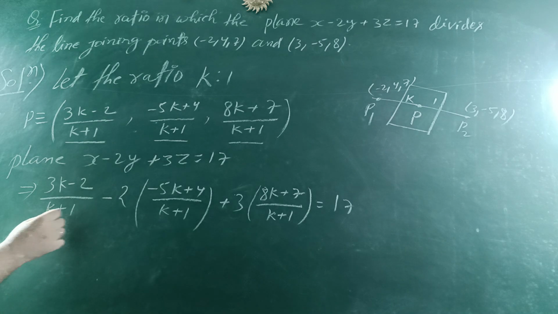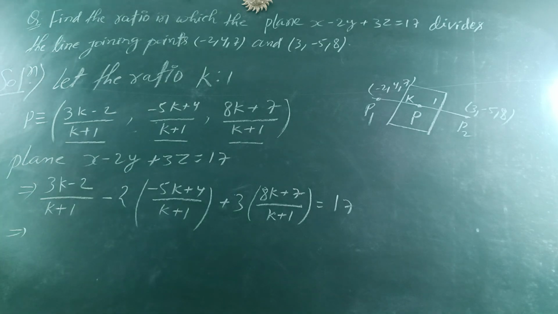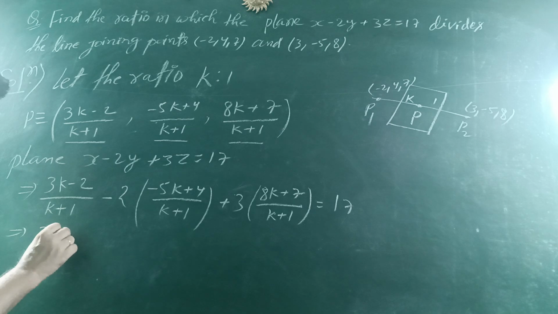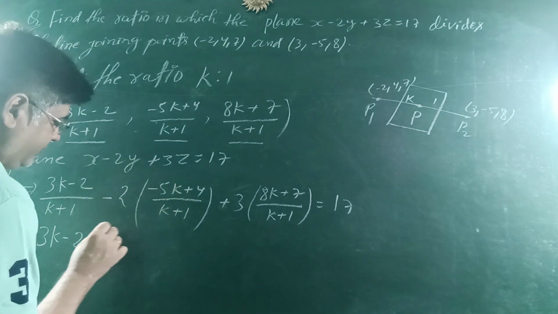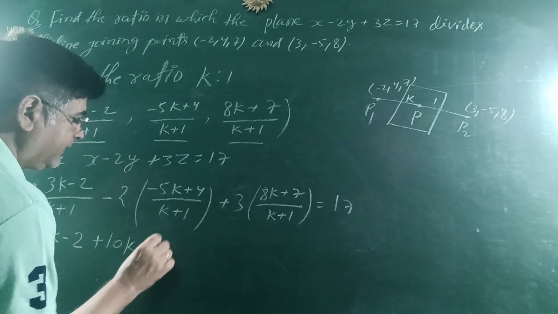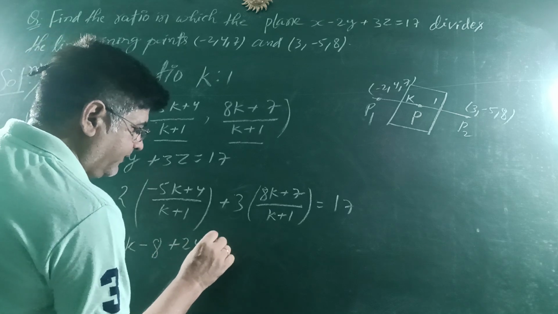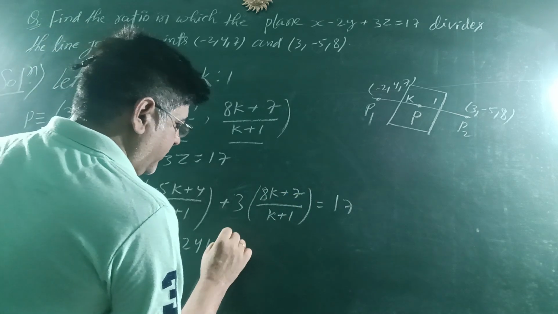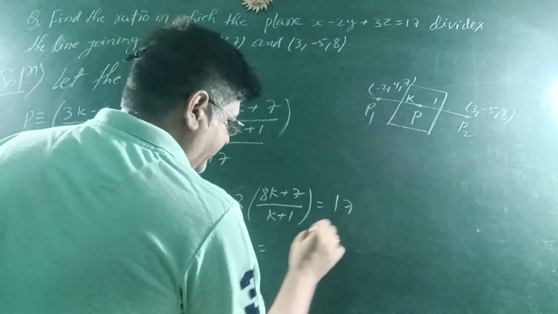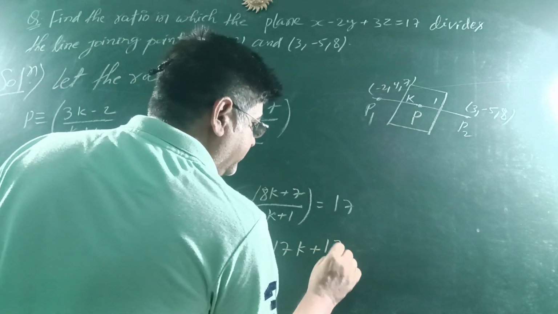We just solve it. K plus 1 is the denominator for all the points. K plus 1 goes to the right hand side. 3k minus 2, and minus 2 into this gives 10k minus 8, and plus 3 into this gives 24k plus 21, equal to 70 into (k plus 1), that is 70k plus 70.